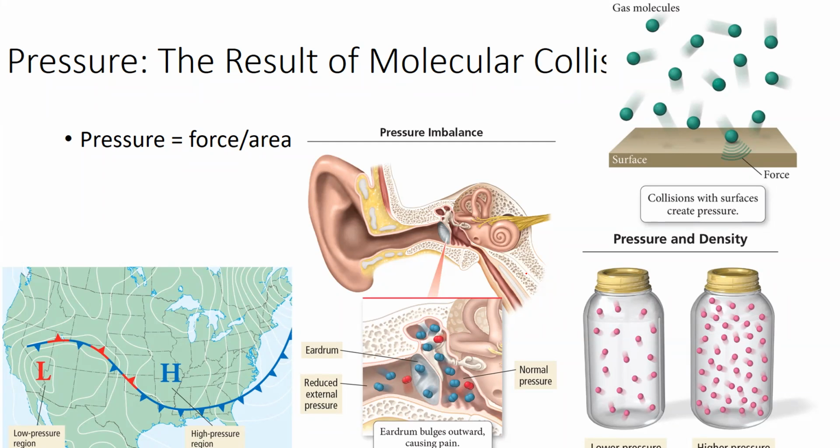Talking about your eardrum, you have pressure going each way: external pressure from the environment and internal pressure from your body. When you go up on an airplane, the pressure changes and you feel your eardrums pop, because under normal conditions at sea level, these are in equilibrium.